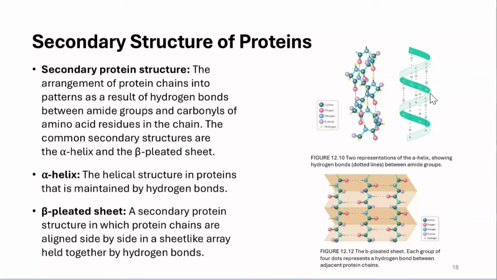And again, it doesn't matter if it's alpha helices or beta pleated sheets, hydrogen bonding events are happening between the NH group in the amide and a neighboring one, usually 3.5 to 4 residues down, specifically for the alpha helices. And then we have other arrangements for the beta pleated sheets, which result in the formation of these protein structures.